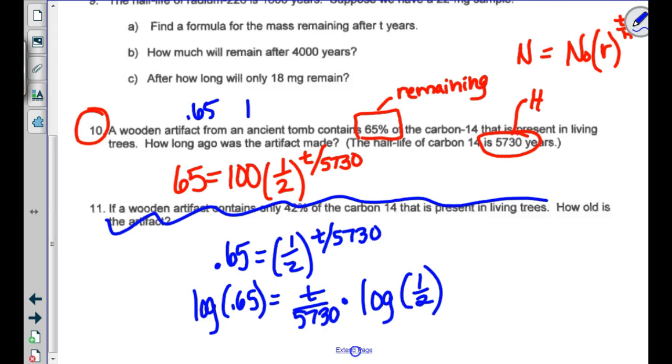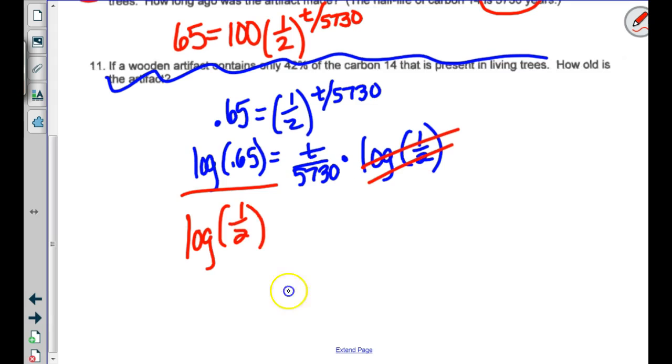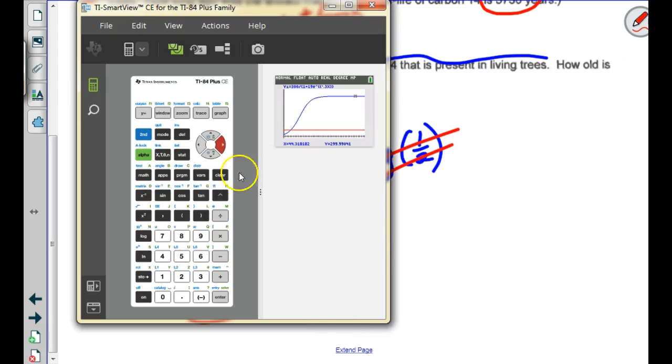What's next? I would divide by the log of 1/2 over here. And then after we get that, we're going to need to do what? Multiply it by 5730. Okay.